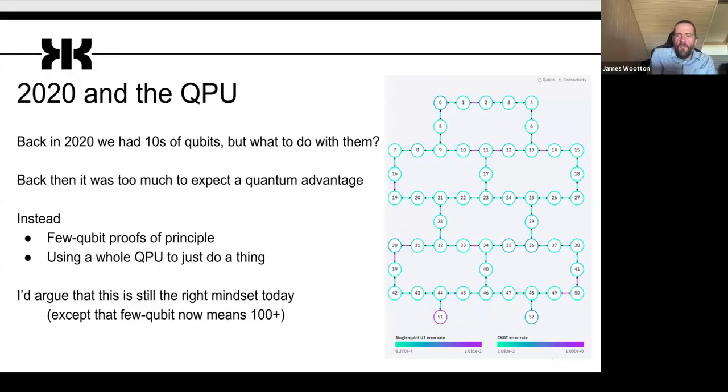Now the mindset is more towards everything has to be a quantum advantage claim. I'm not a big fan of that, to be honest. I think the creative space is perfect for not having to make quantum advantage claims, because people find the things useful even without quantum advantage. So you can work towards it and cherish your QPU for what it is and not pretend it is something that it isn't. But anyway, that's a rant for another time.